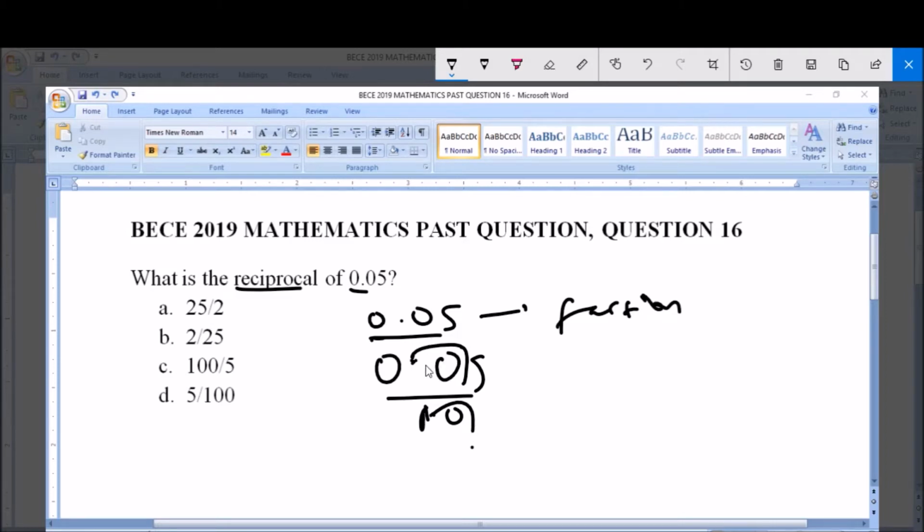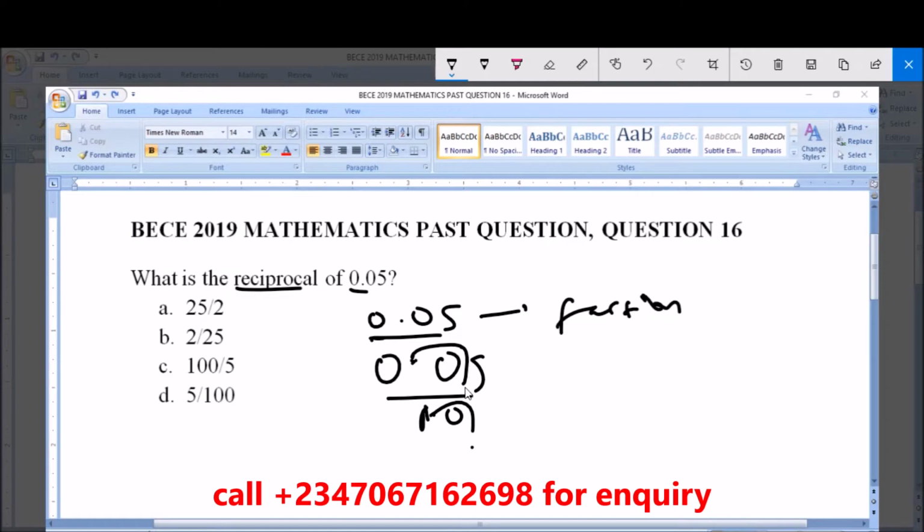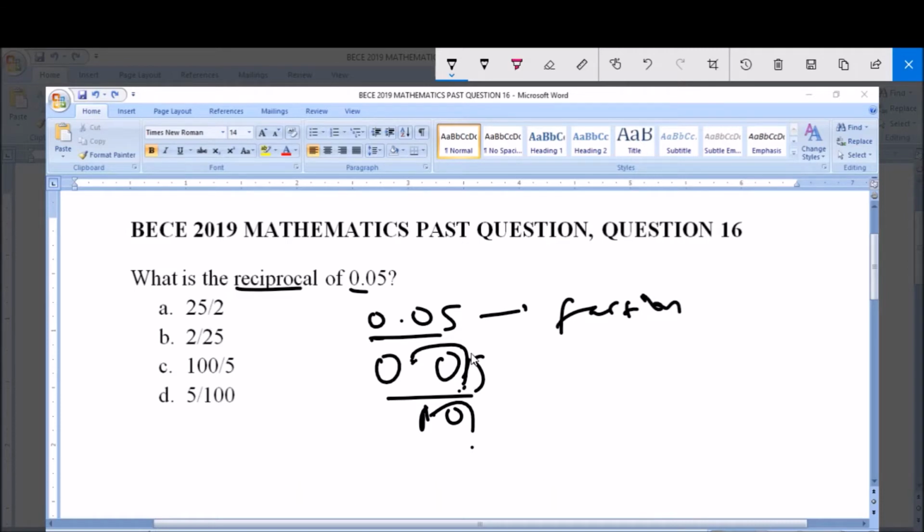Now we have 0.5. But we want to make it a whole number, so we move the decimal point again one place to the right, and in the denominator we also move it one place to the right.